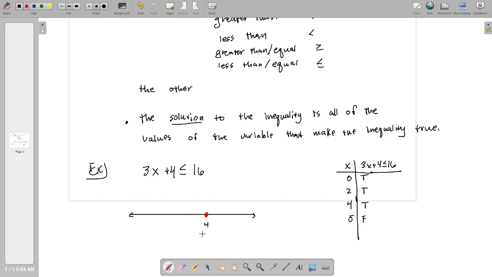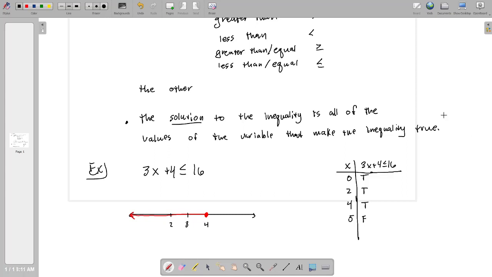So let's plot 4, and then all values that are less than 4. All of these values are values that x can take and make this inequality true. Now, I do need to make a note here that we are plotting values between the integers. So even though over here I only plugged in integers, x can take any real number between the integers on this side.